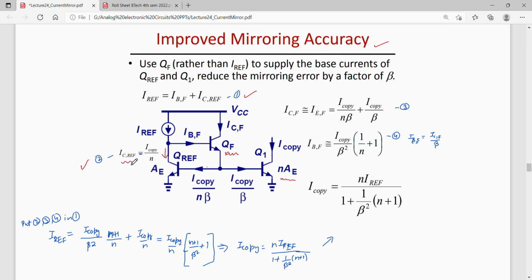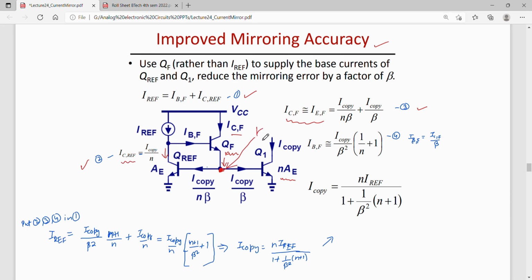Okay, then I can write the third equation, which is that ICF, in fact this ICF flows here also. So ICF is equal to IEF, right? So in fact we are trying to apply KCL at this point again.